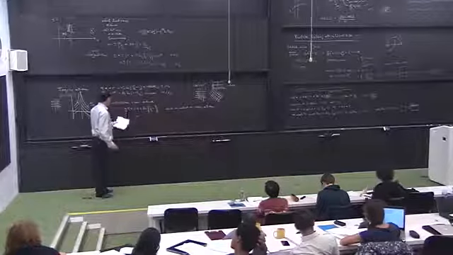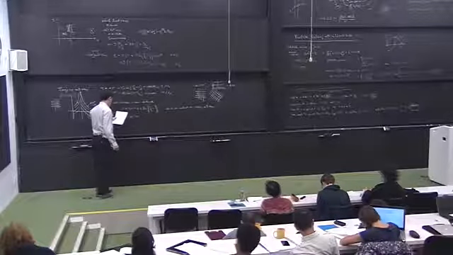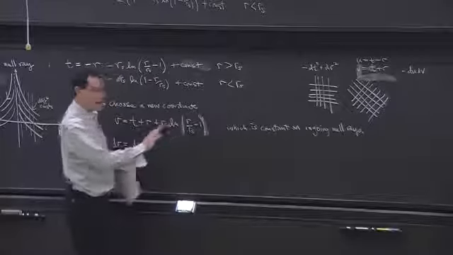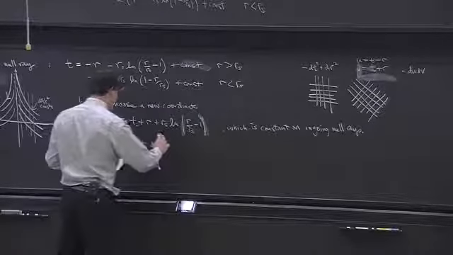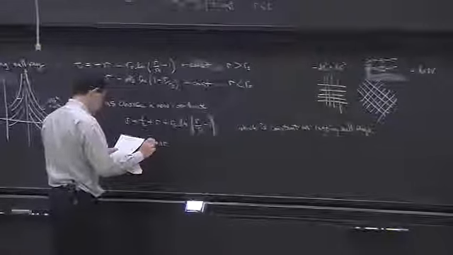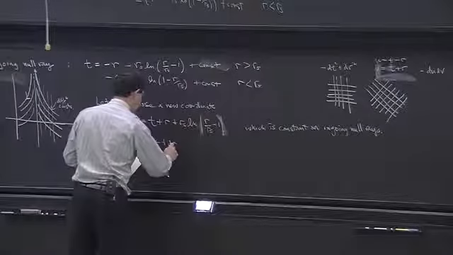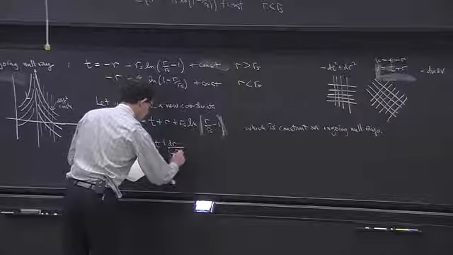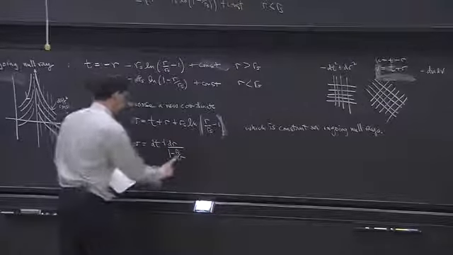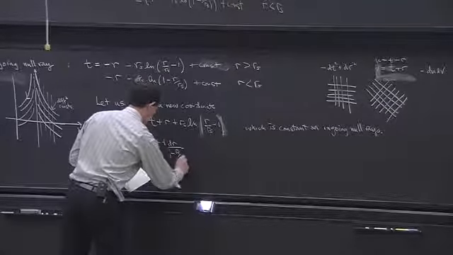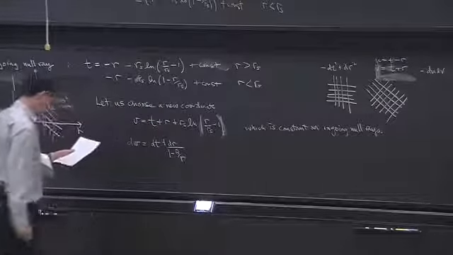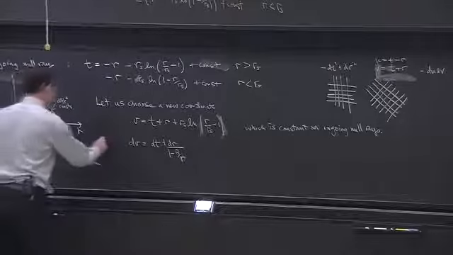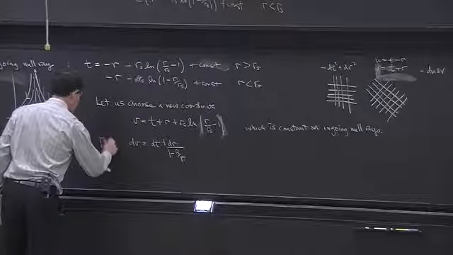So in any case, this v looks like a reasonable coordinate, so let's calculate dv. When you differentiate this away from r_s, everything is hunky-dory. Differentiating the log, I just get, of course, dt over 1 minus r_s over r. So this is, of course, for r not equal to r_s.